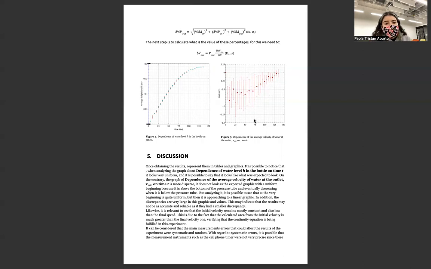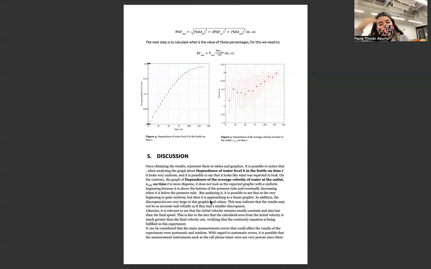In addition, the discrepancies are very large in figure number five. So this might indicate that the results are not as accurate and reliable as if they had a small discrepancy.